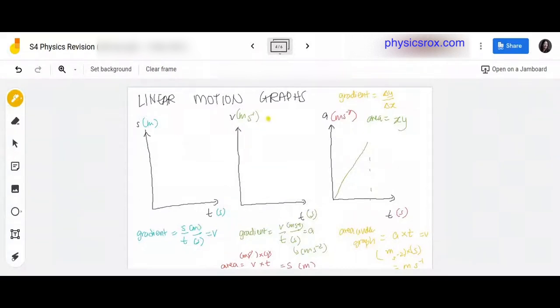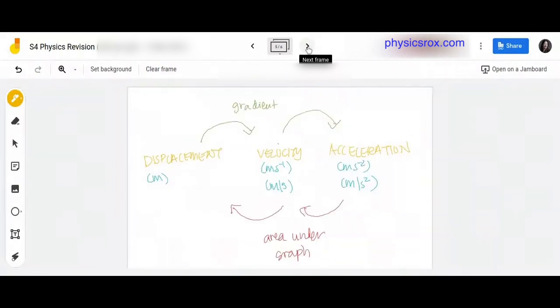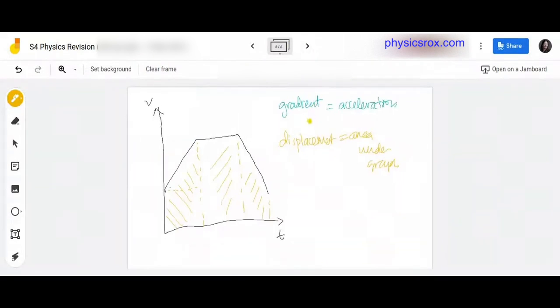Let's say if it's a velocity time graph, I'm going back to slide number 6. If I say that the gradient is the same as acceleration for the velocity time graph on slide number 6, the first part is a positive gradient, right? Positive gradient means positive acceleration. Here is 0.